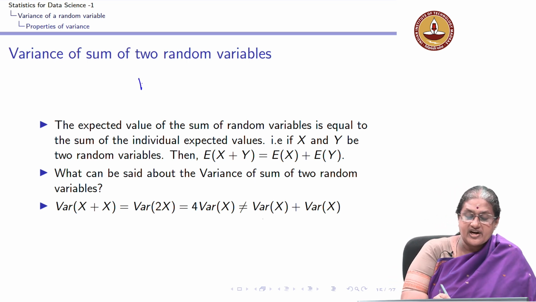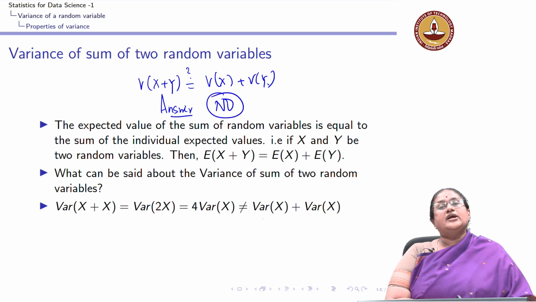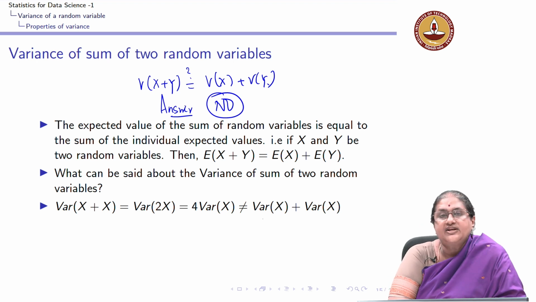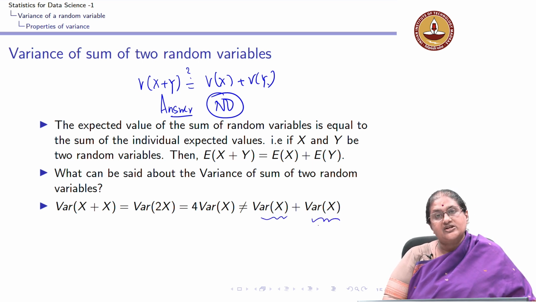So, in general, we ask whether variance of x plus y would be equal to variance of x plus variance of y. The answer is no. It need not be equal, and we illustrated it with an example showing that variance of x plus x is not equal to variance of x plus variance of x.